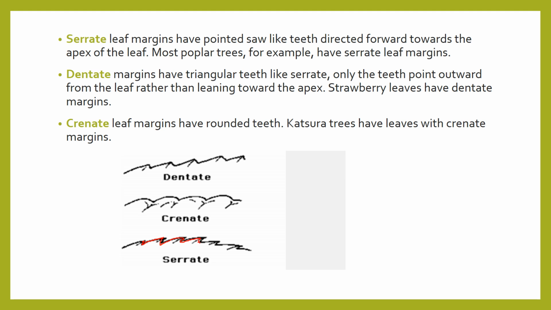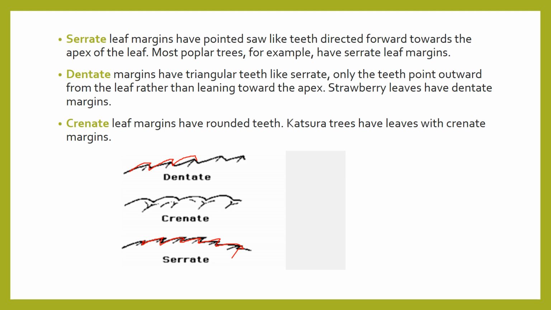While the dentate is similar to the serrate, but the tooth point is directed outward from the leaf and not toward the apex.